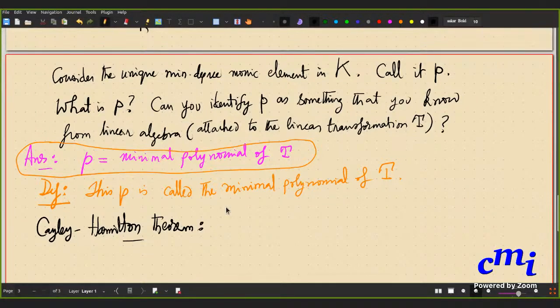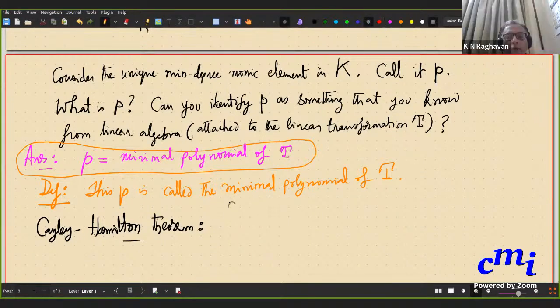Okay, so let me write it here, but let me write it in lighter black. So every square matrix, or let me say every D by D matrix, satisfies its characteristic polynomial. Very good.